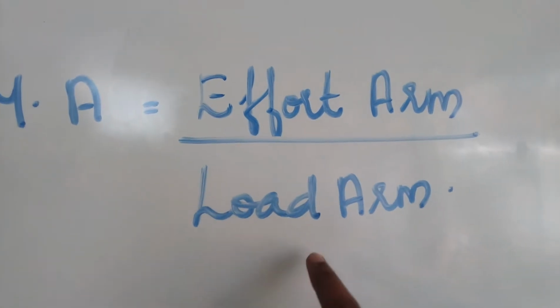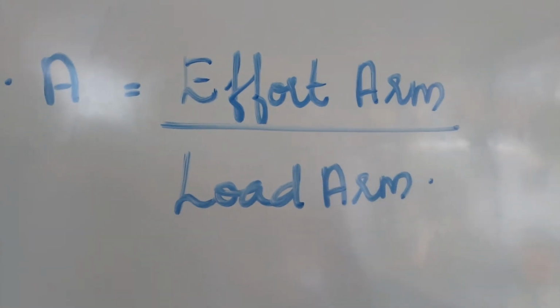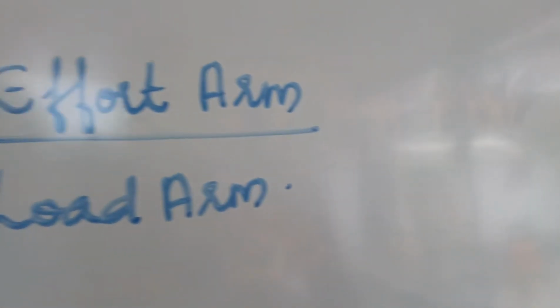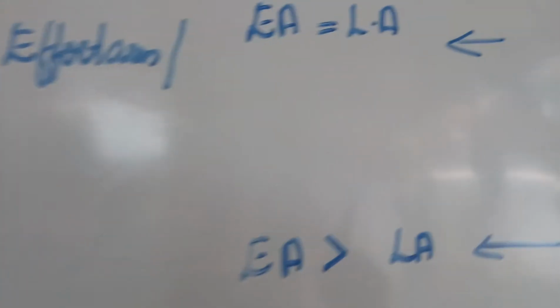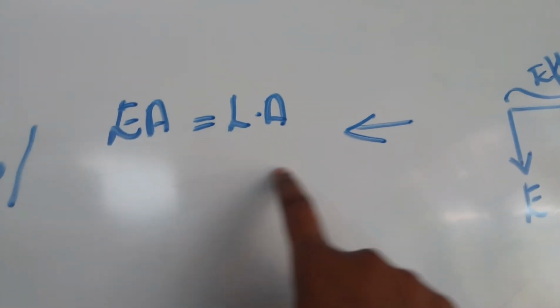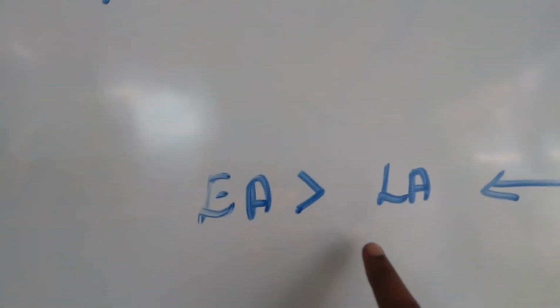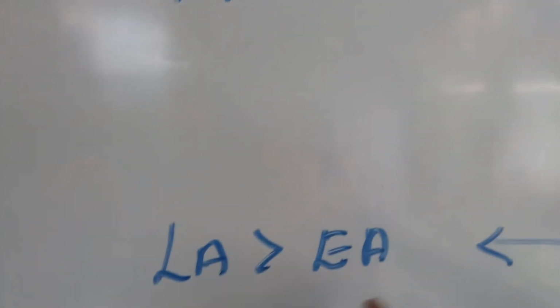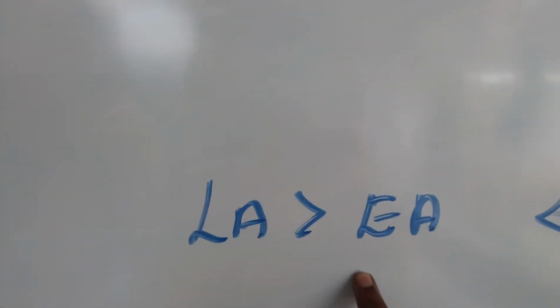So, in the case of class 1 lever, there are 3 special cases. In the first case, effort arm is equal to load arm. So, denominator and numerator will be equal in magnitude.